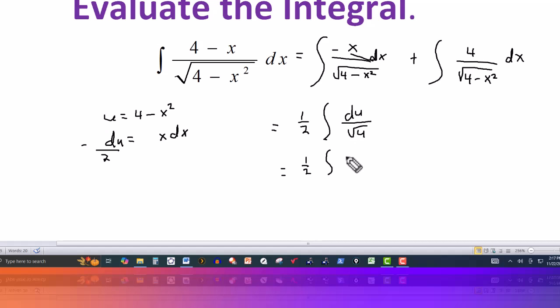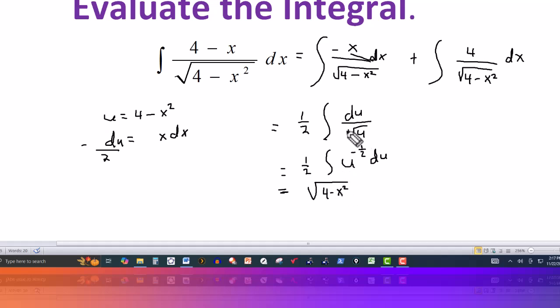And to integrate du over the square root of u, I'll bring that up to the top, so it'll be u to the minus 1/2 du here. And then with just basic integration here, we add 1 to the negative 1/2. That'll give me 1/2, so this will be u to the 1/2. And then we divide by that, so the coefficient will be 1 here. So that'll leave me with u to the 1/2, or the square root of u, but u is 4 minus x squared.